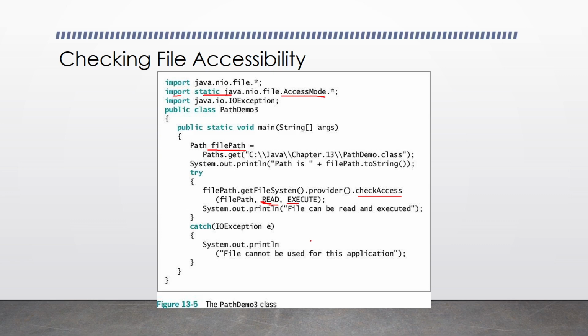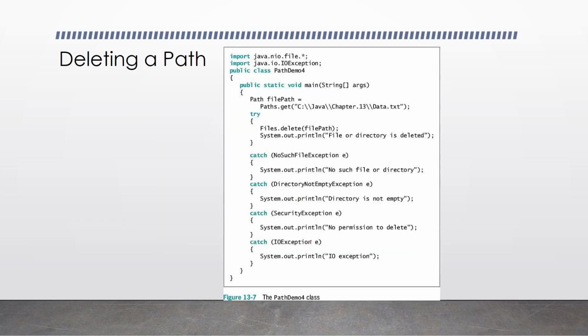Now, to delete a path, the Files class delete method is used to accept a path parameter and delete the last element in a path. Okay? And it throws an exception if the deletion fails.